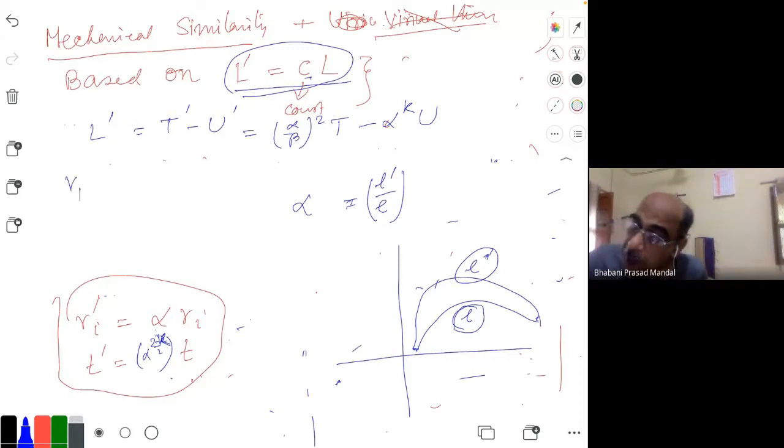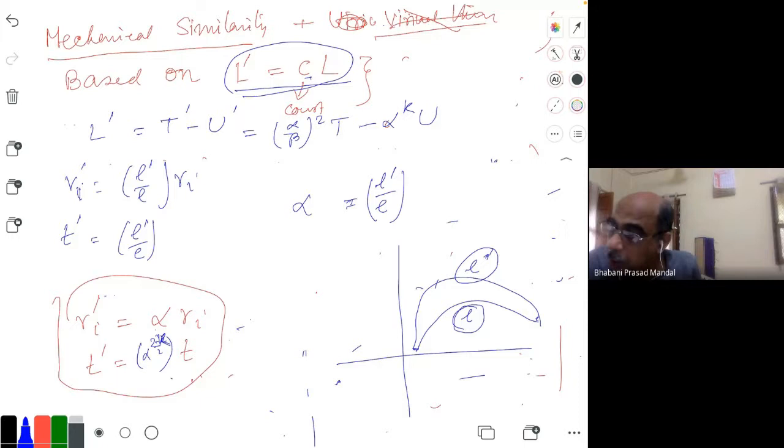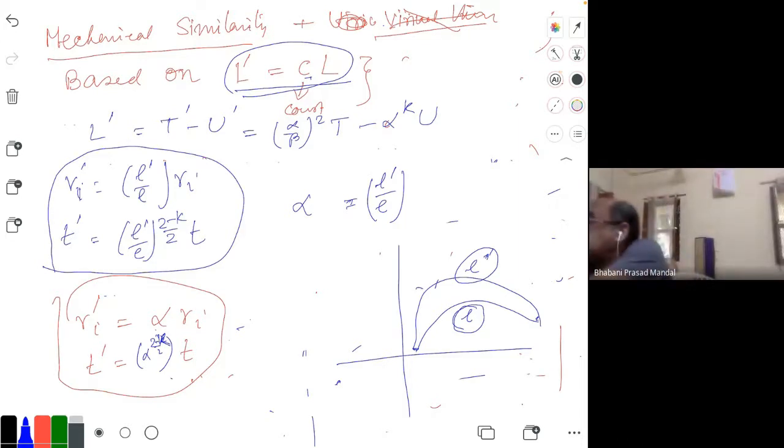So your r_i prime will be L prime by L times r_i, and t prime will be L prime by L to the power 2 minus k by 2 times t. So under this scaling, it will not change anything.